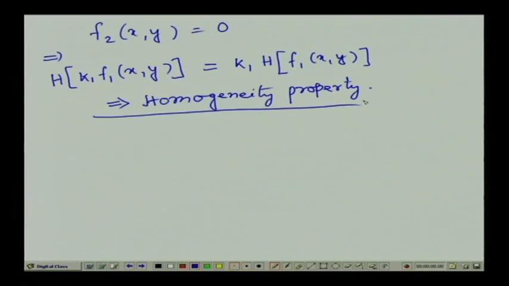So, these are the different properties of a linear system.